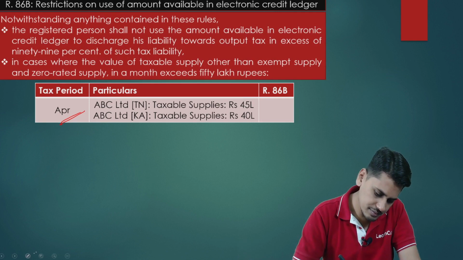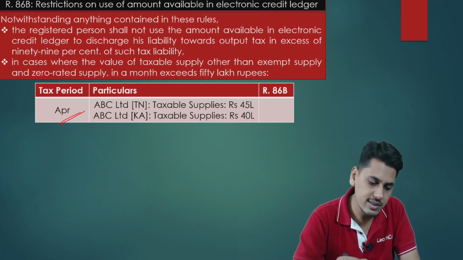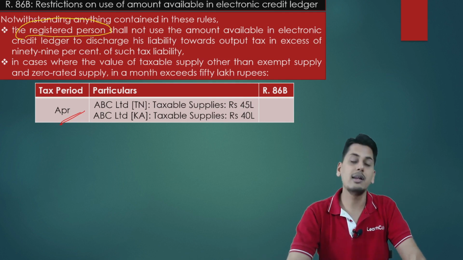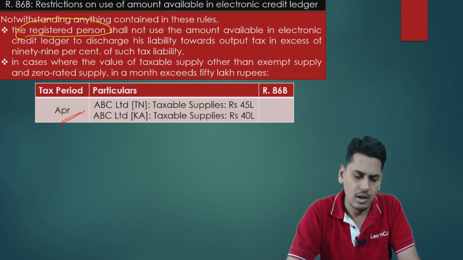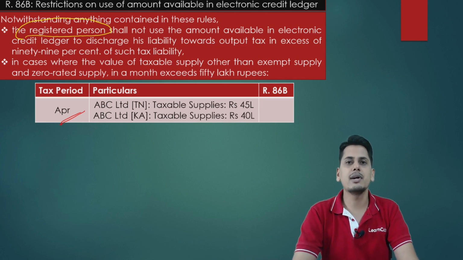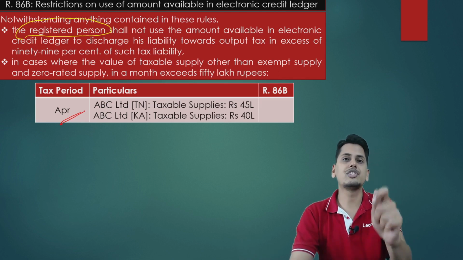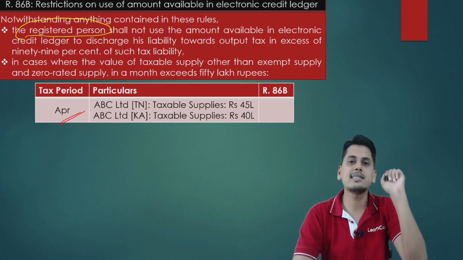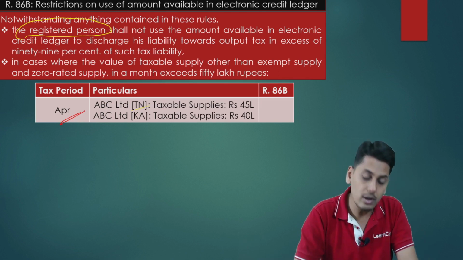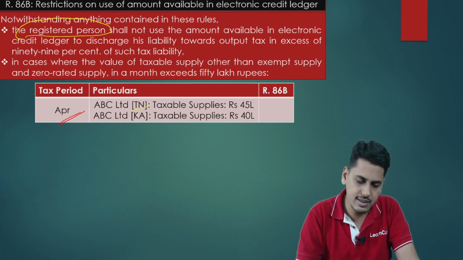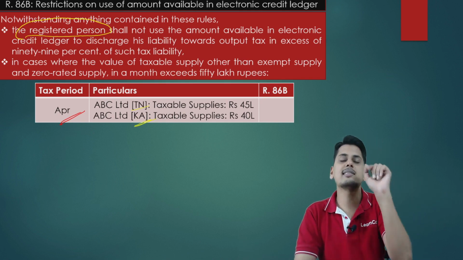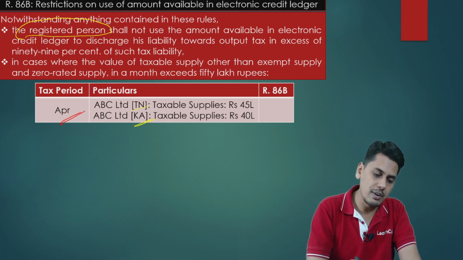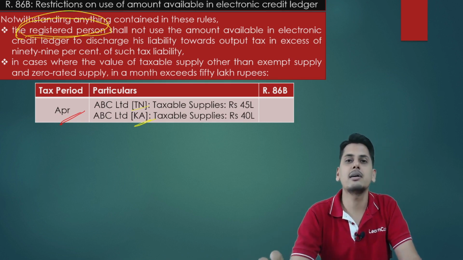It tells us, notwithstanding anything contained in these rules, the registered person shall not use the amount available in electronic credit ledger. Friends, what do you mean by a registered person? Friends, each GSTIN is a separate registered person. As far as this example is concerned, ABC Limited of Tamil Nadu is a separate registered person. ABC Limited of Karnataka is a separate registered person. So friends, 86B applicability is upon the registered person.